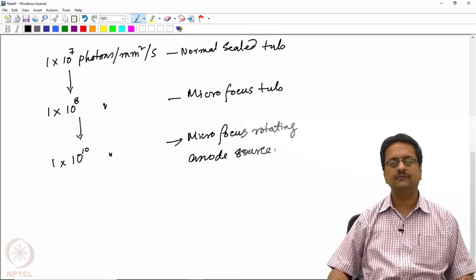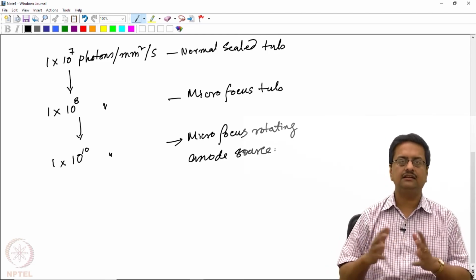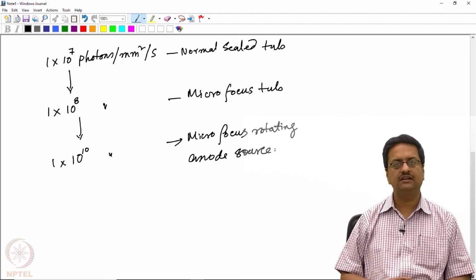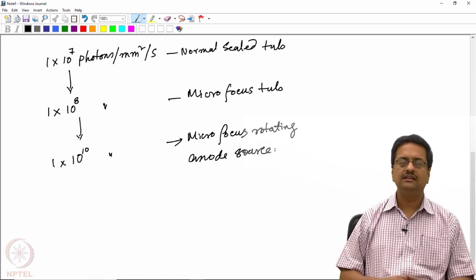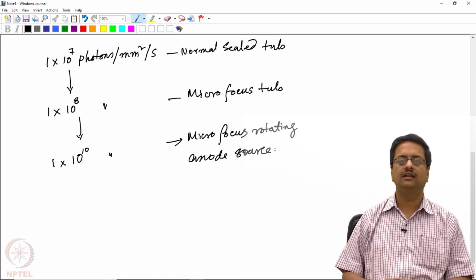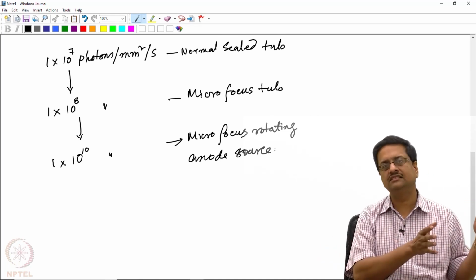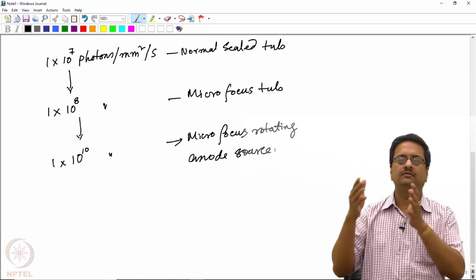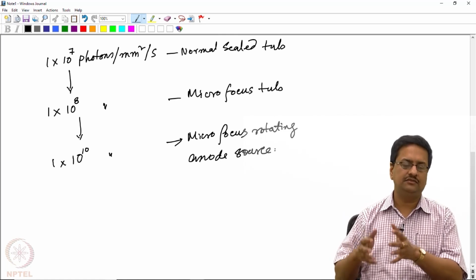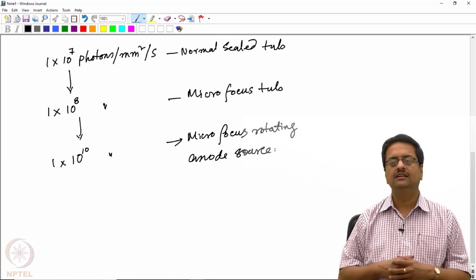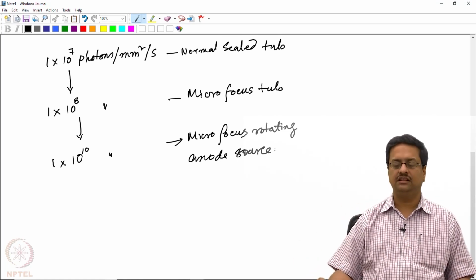So, if you take the same crystal and collect the data in different diffractometers having different sources, the diffracted intensities will be enormously different because the source intensity itself is different, and what we are recording is a diffracted intensity. Source intensity being much larger, the diffracted intensity will be much larger.